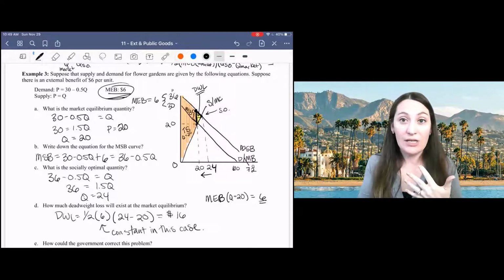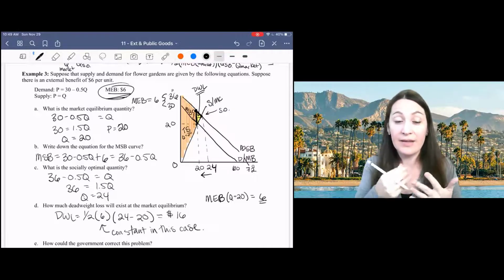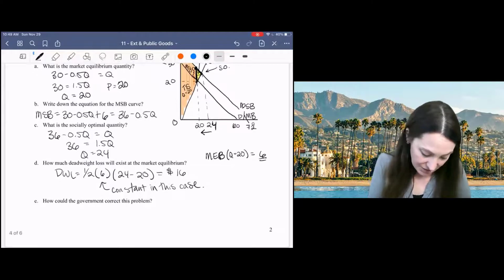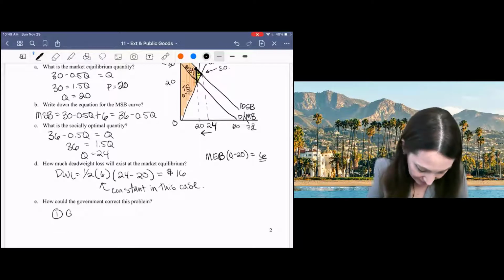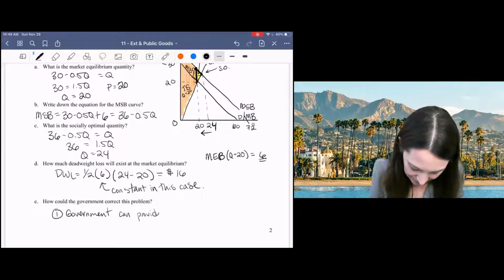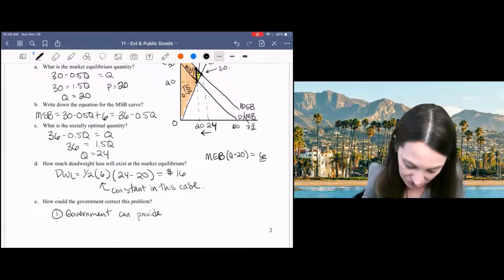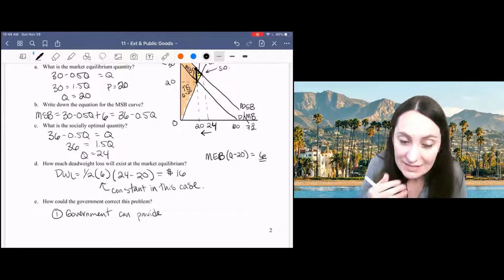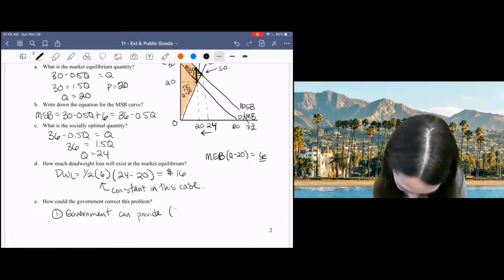And so that's certainly one option. The government can provide the additional 4 units here, the difference between the socially optimal quantity and the market equilibrium quantity.